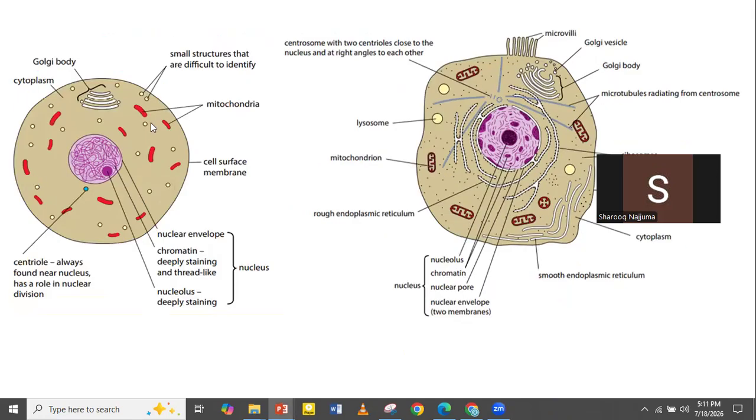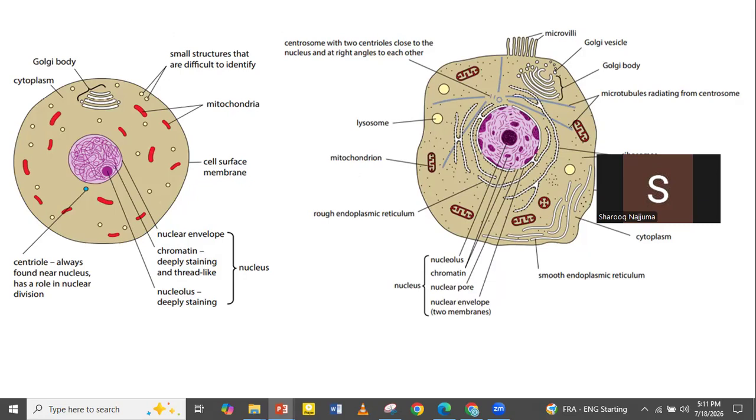Here on the left, we have an animal cell as seen under a very high quality light microscope. On the right, we have an animal cell as seen under an electron microscope, particularly a transmission electron microscope, because we can see inner features.